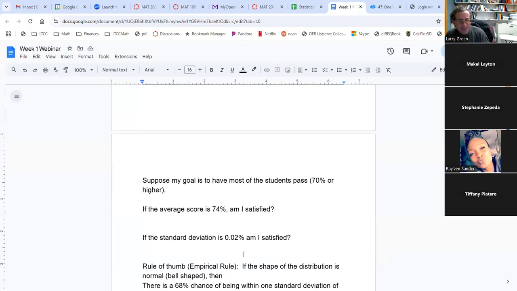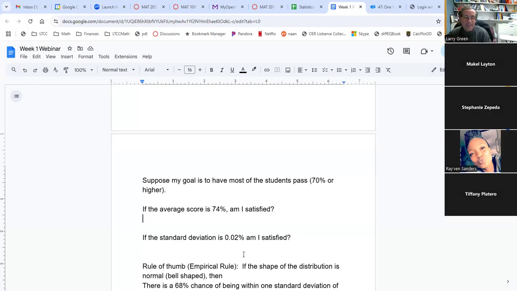Okay, so let me give you what's called the rule of thumb. Have you heard of a bell-shaped curve? You heard of that word? A bell-shaped curve for a distribution has that there and there and there.